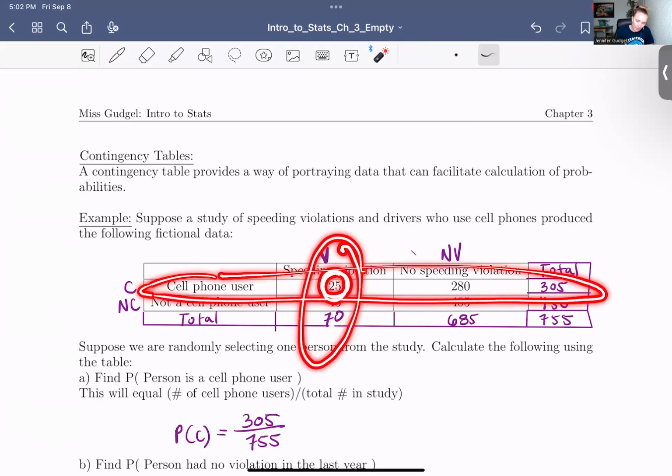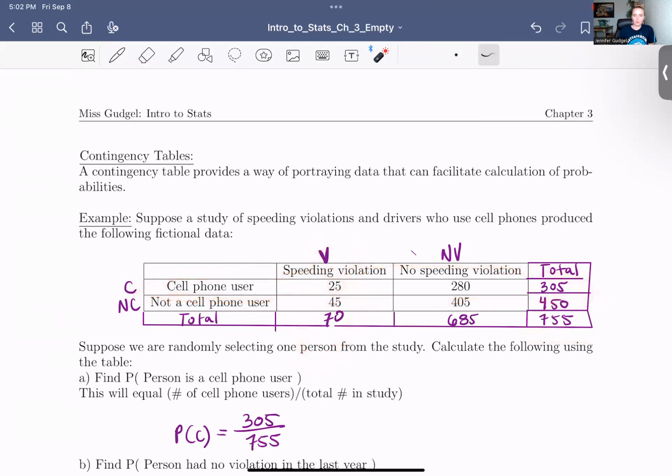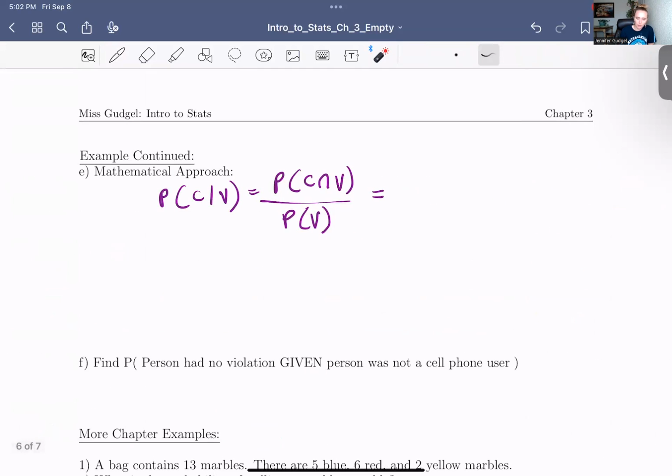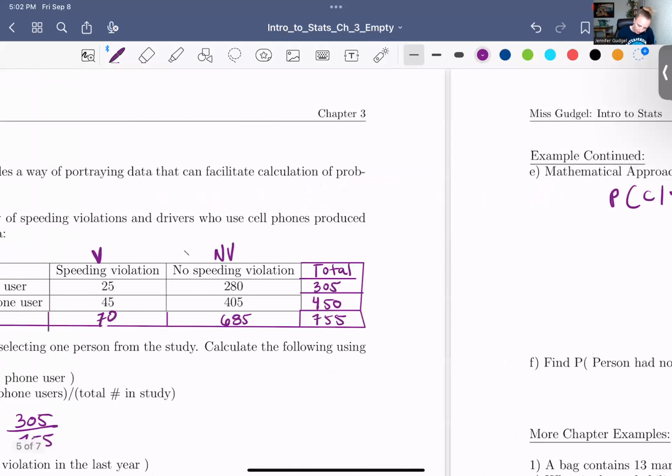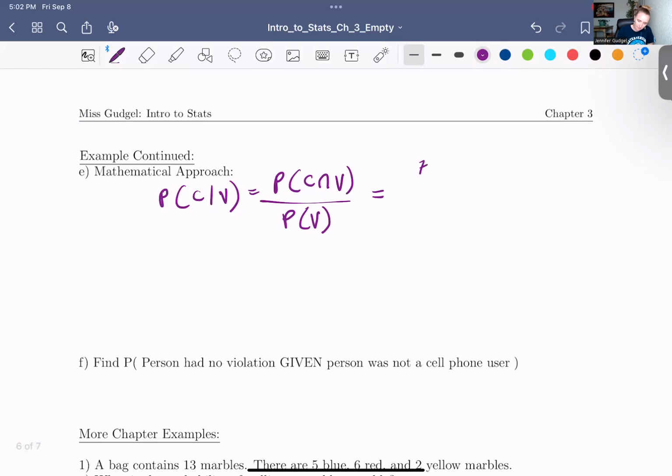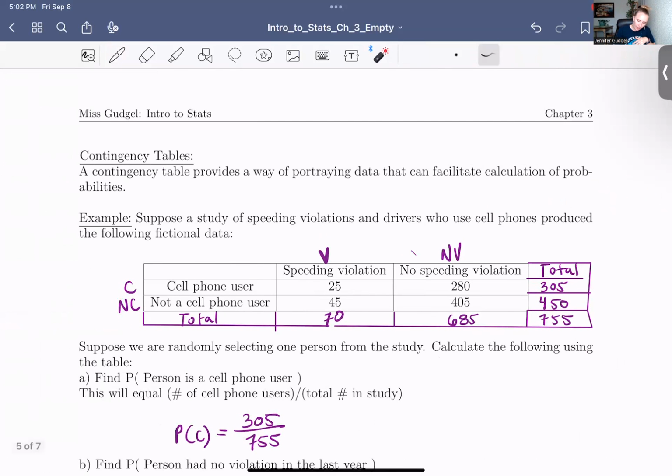That's 25 out of 755. Okay, because that's not a conditional probability. That's just the and statement there. Sorry, I already forgot. Cell phone user 25, my bad, out of 755. That's the and statement. All right, small fraction over the probability of having a violation. So standalone, having a violation, there were 70 out of the 755.